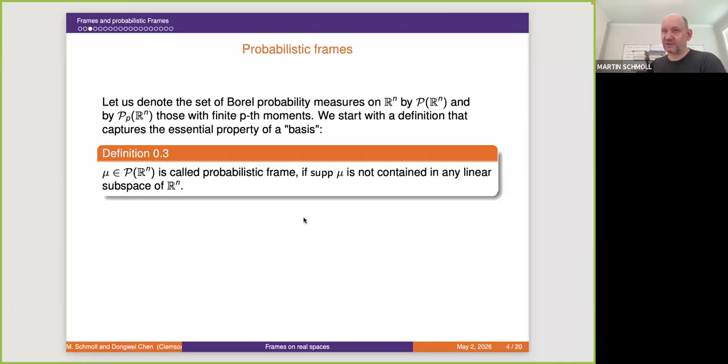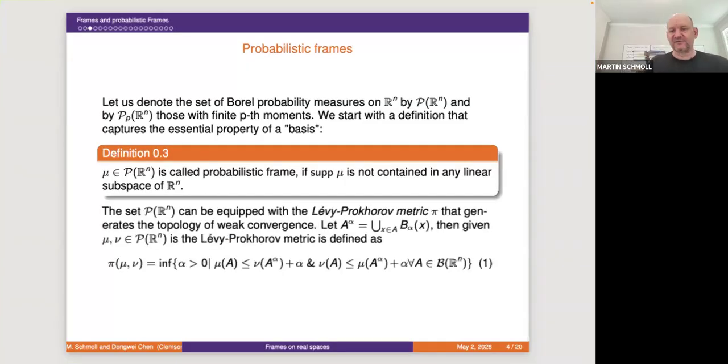Because if it were in a linear subspace, then the constant a in the definition would not be bigger than zero. Think of finitely many vectors: if they all lie in some plane, it's not a basis. So this is quite a reasonable definition.